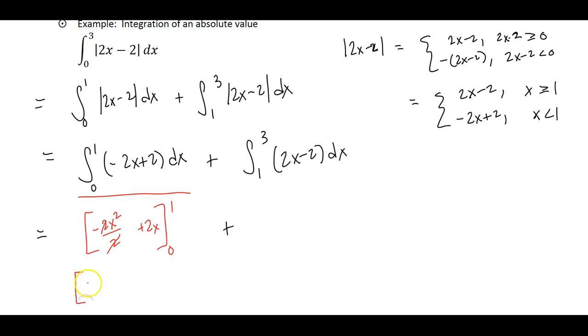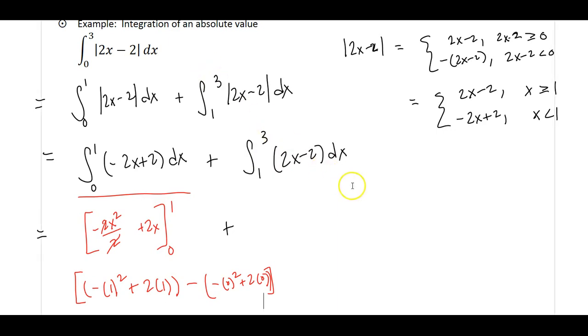So that would be, for the 1, we would have negative 1 squared, and the 2 got canceled there, so negative 1 squared, or plus 2 times 1. And then for the 0, we would have negative 0 squared plus 2 times 0. So that's that one. And we'll keep going from here.